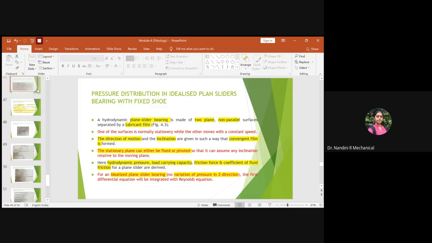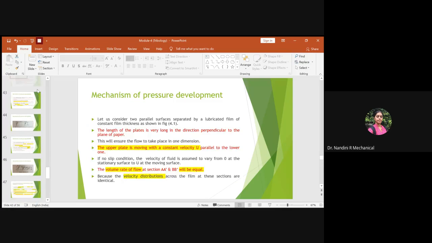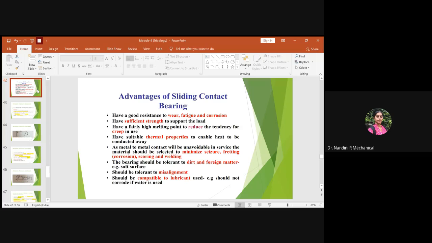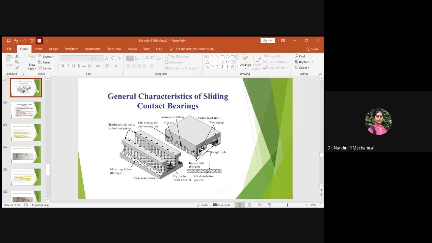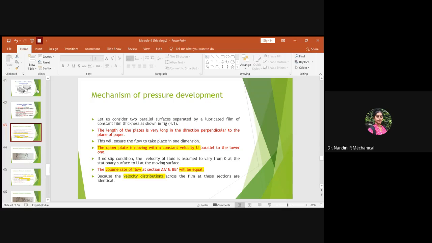We had started with the second part of module 4, which deals with plane sliding contact bearings. We discussed the key concepts of sliding contact bearings, their characteristics and advantages, and we studied how pressure development comes across in a given plane slider bearing mechanism.